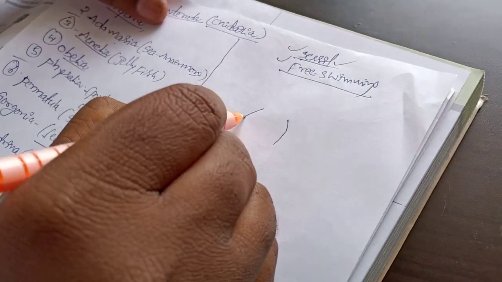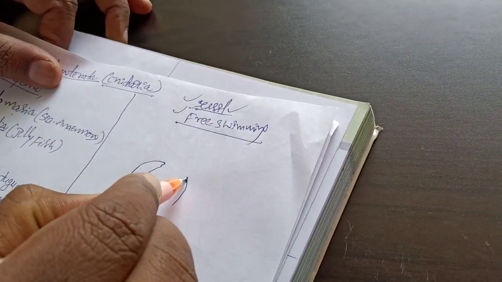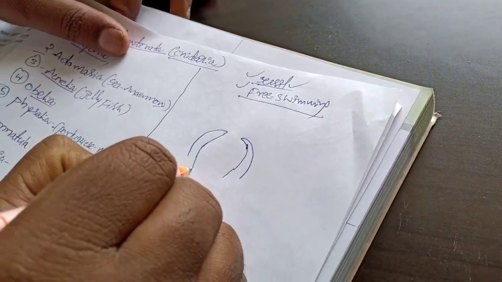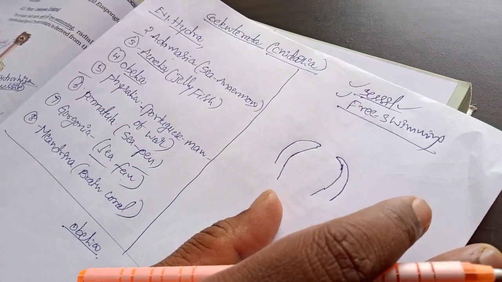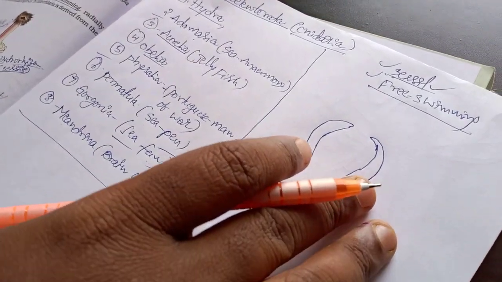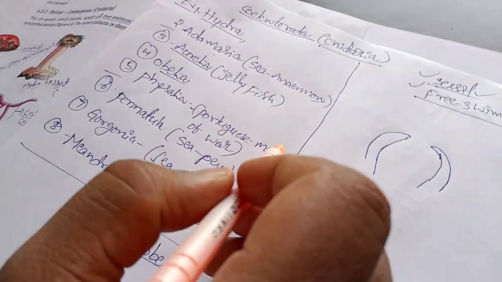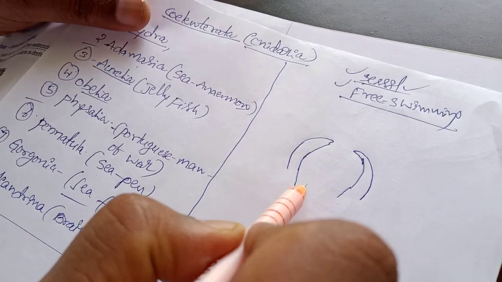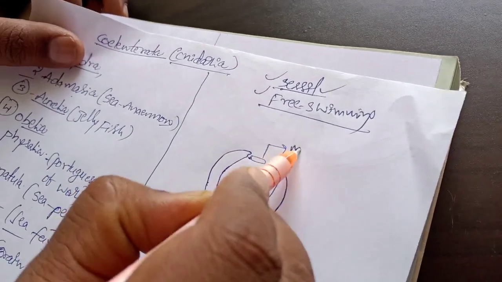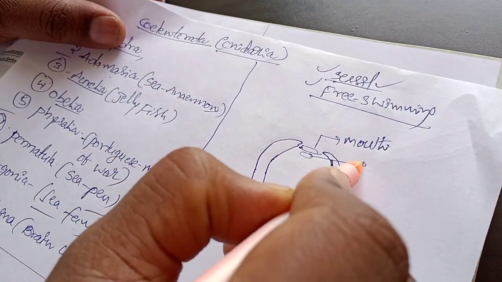This one is the structure. If you are observing this structure, this one is the mouth, and below this one is the hypostome.